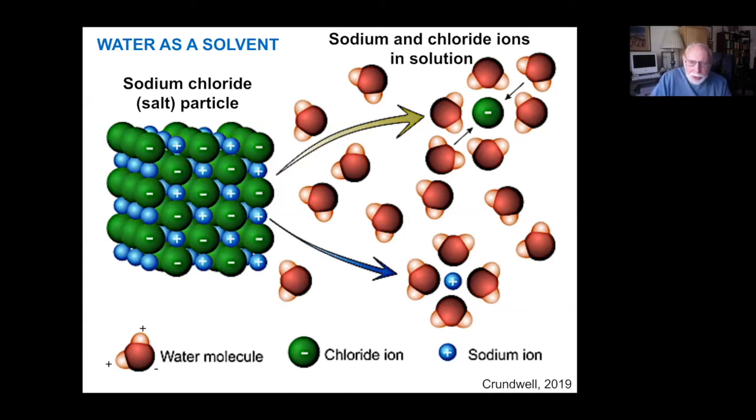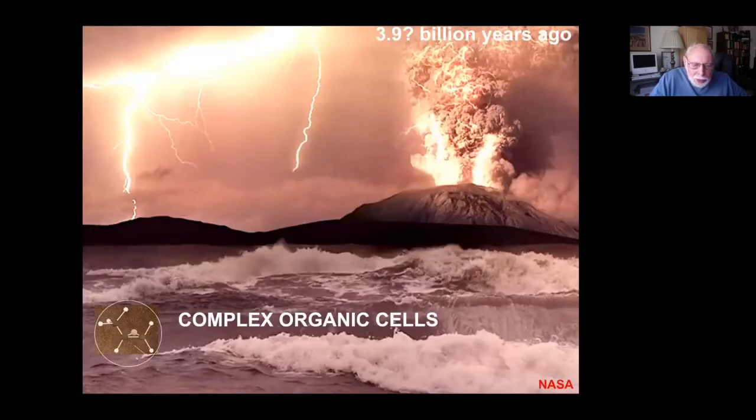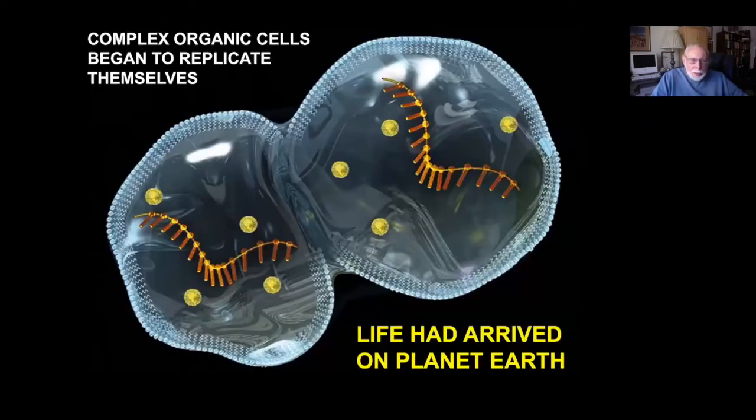But lots of different elements can mix with the water. And some of these come together to form some fairly complex organic cells, including carbon and oxygen. And some of these complex organic cells began to replicate themselves. And when they did, life arrived on planet Earth.